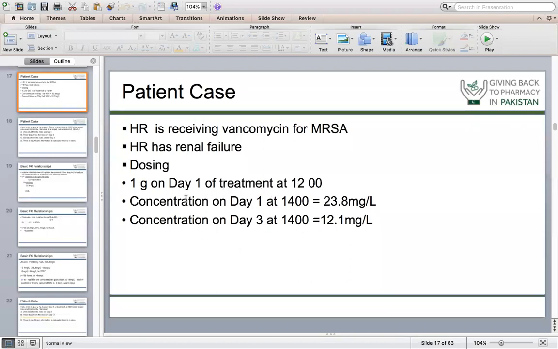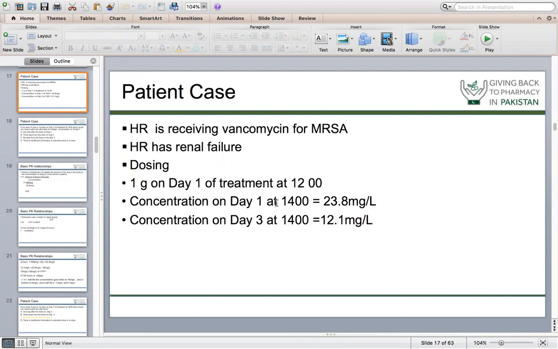This shows that on giving the 1st gram on the 1st day of treatment, the initial concentration is 23.8 milligrams per liter. If you pay close attention, on day 3 it falls to absolutely half of the initial concentration, almost 24, and then it falls to 12, which is exactly half.